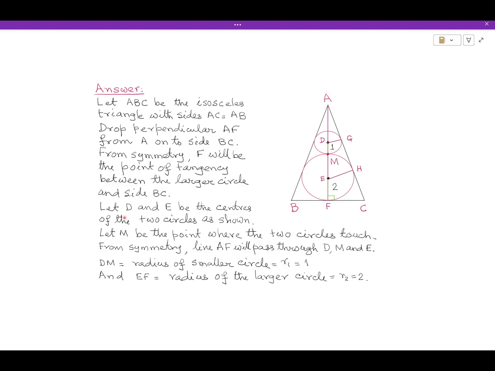Let D and E be the centers of the two circles. D is one center and E is another center. Let M be the point where the two circles touch.